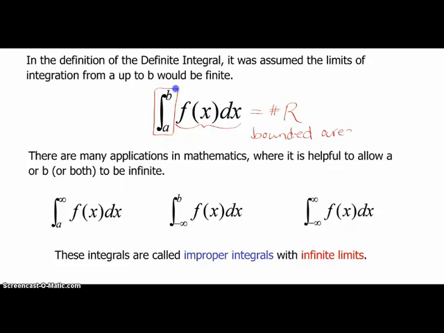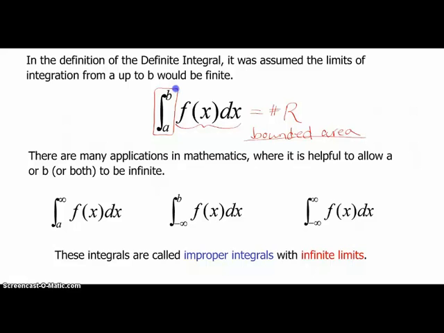Every definite integral we've worked with up to this point, we've had a bounded area. There was a starting place and a stopping place, and there was a definite area that we could use the fundamental theorem and find the exact area of that.